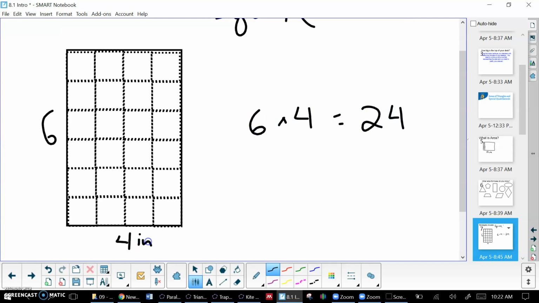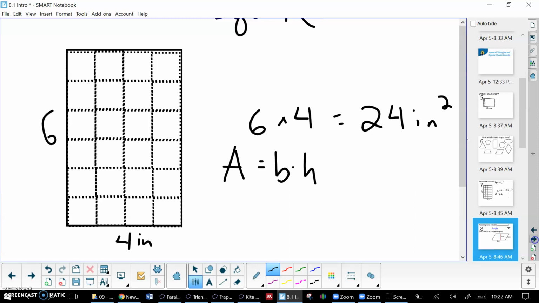If these were in inches, then we'd have what we call square inches, meaning we have a square that is 1 inch long. By the way, I'm making symbols with my hands, even though you can't see me. And so our area formula here is just base times height. And that's probably one that you've seen before.